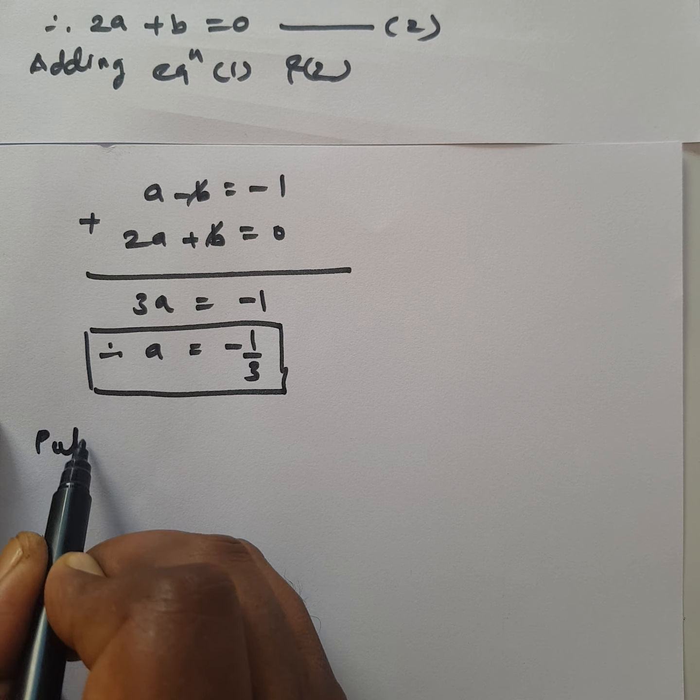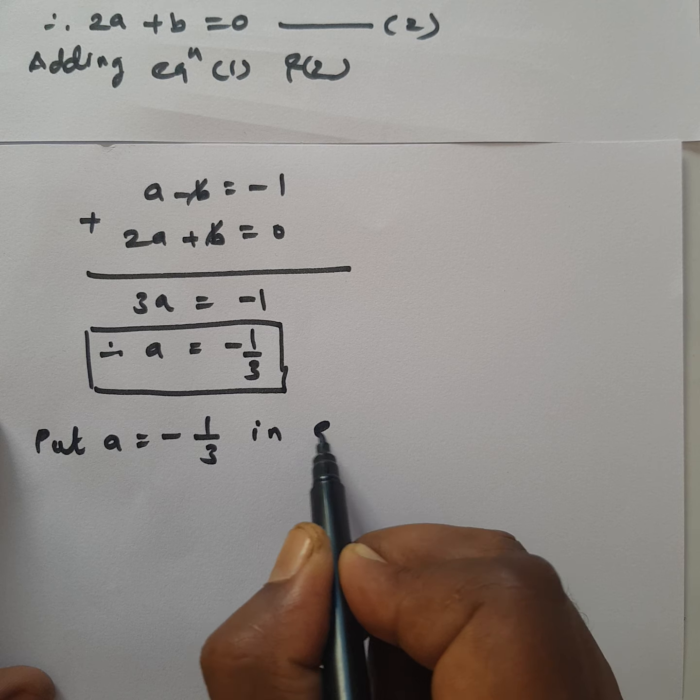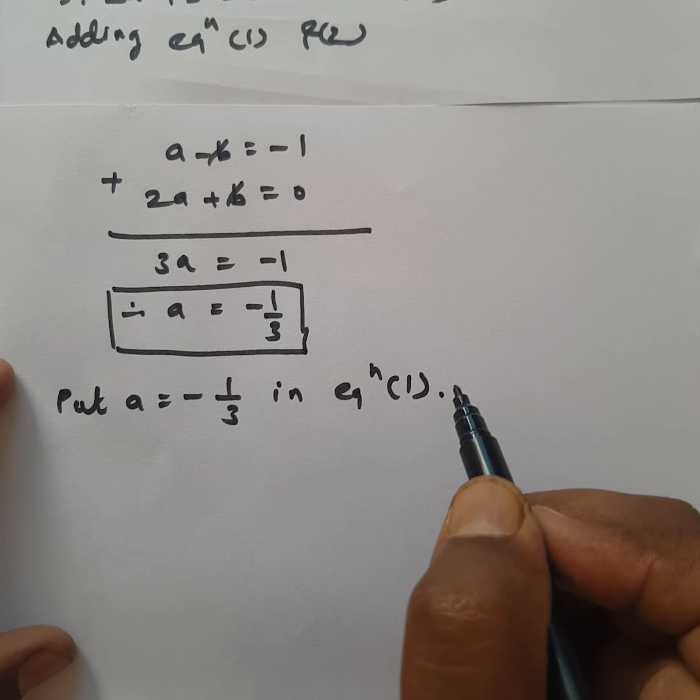Put a is equal to minus 1 upon 3 in equation 1.